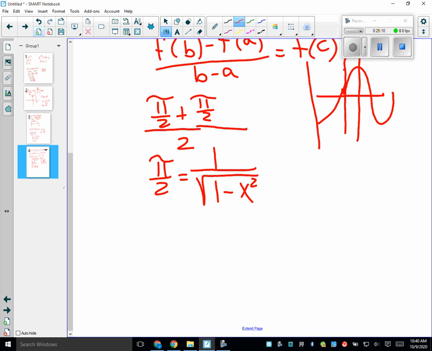It's times the derivative of x, which is 1. Right? So does pi over the radical of 1 minus x squared equal 2?